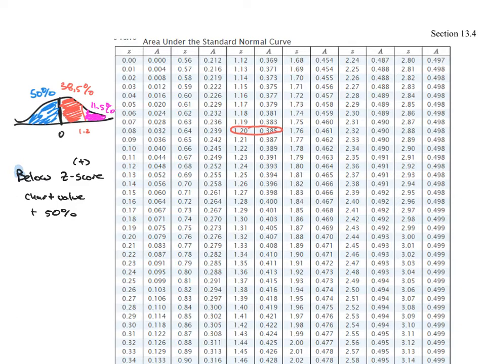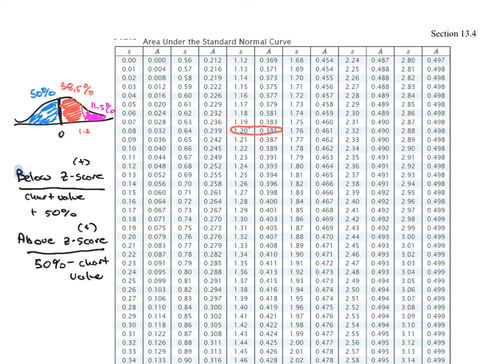If I want to know how many score above the z-score, and this is a positive z-score, then I'm going to do 50% minus the chart value.